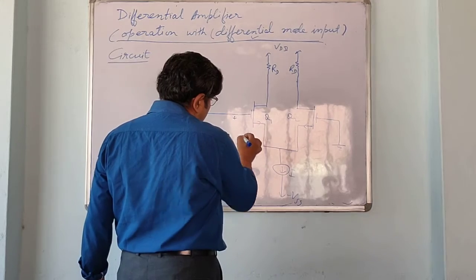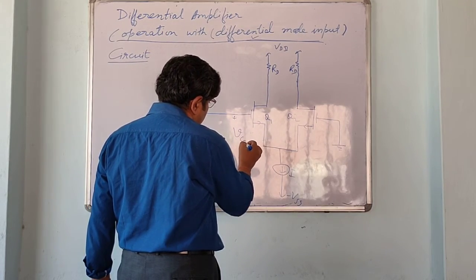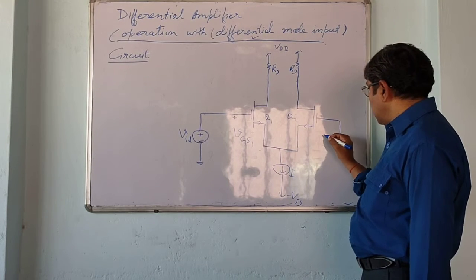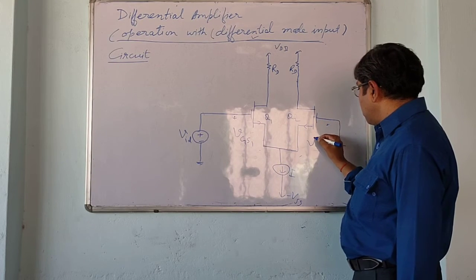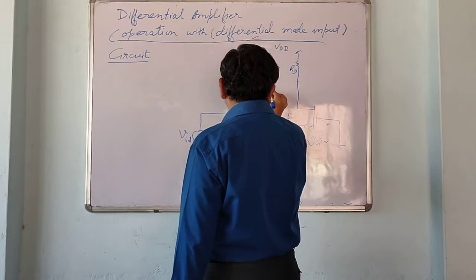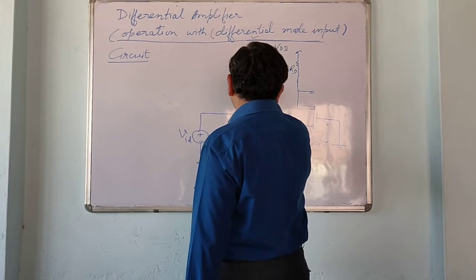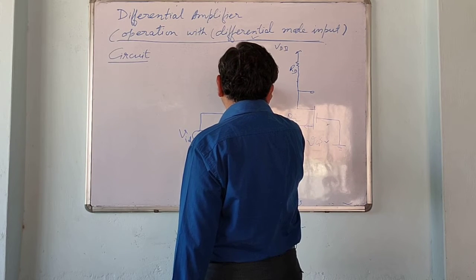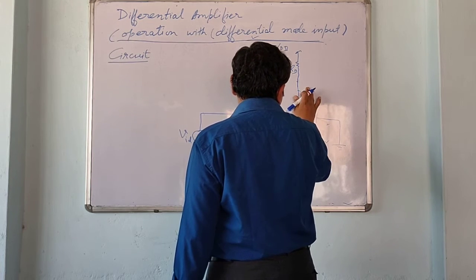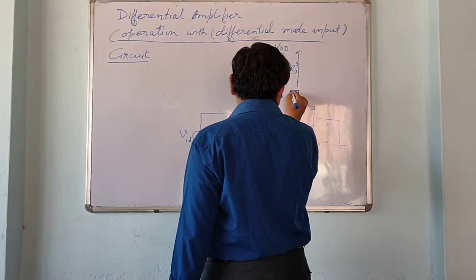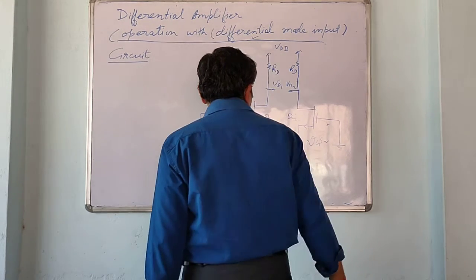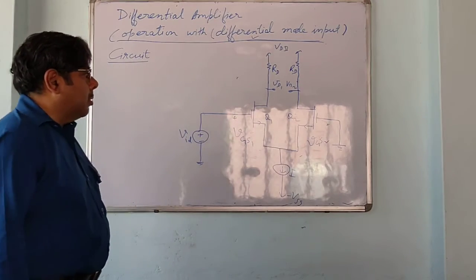What are the voltages here? We have VGS1 at the first transistor and VGS2 at the second. This is VD1 and this is VD2, the drain voltages.